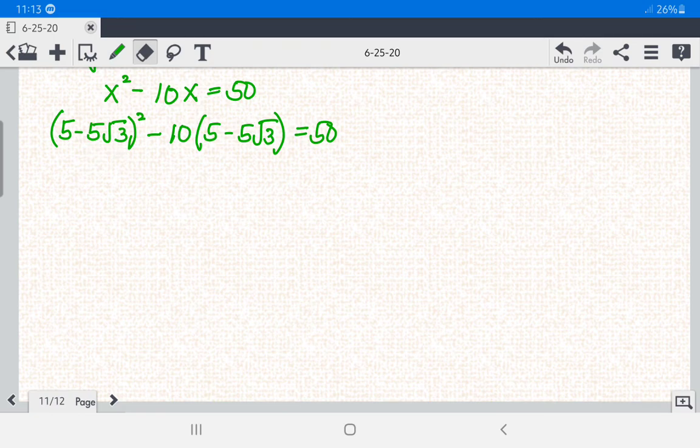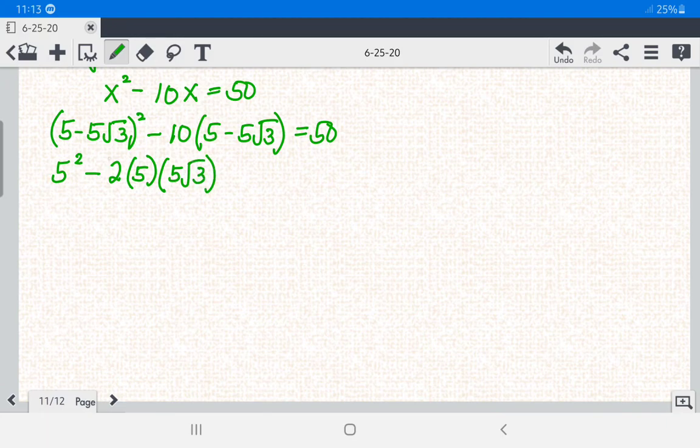Again, same procedure. So we have to square the first term, minus, because the operation is subtraction, then 5 squared minus twice the product of the first term, 5, times the second term, 5 square root of 3, right?